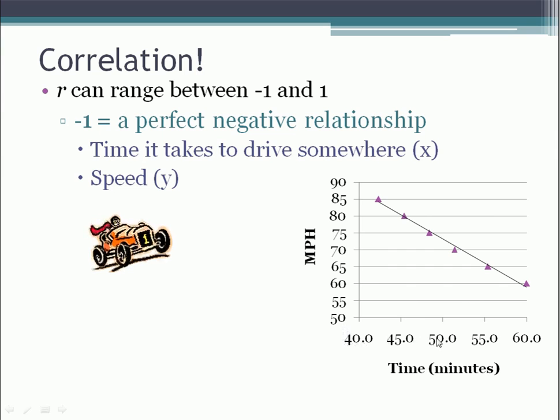So as you increase your miles per hour, the faster you go, the less time it takes to get somewhere. The slower you go, the more time it takes to get somewhere. So with correlation, as one variable increases, the other variable decreases, and vice versa, for a perfect negative correlation.